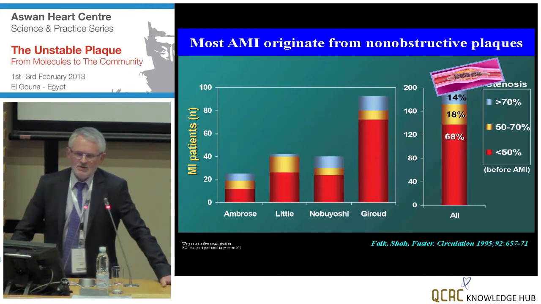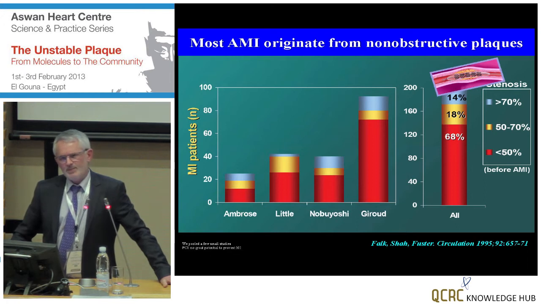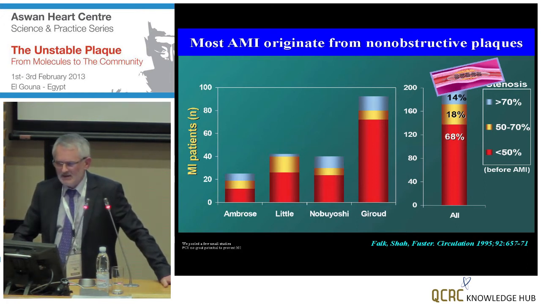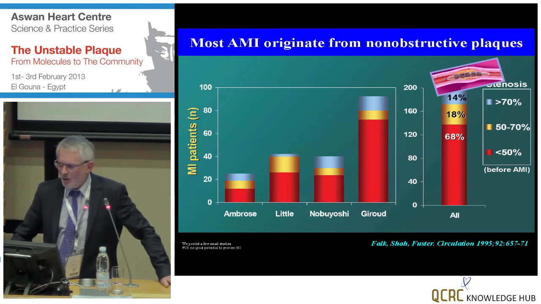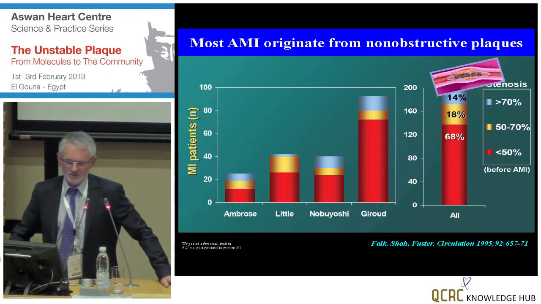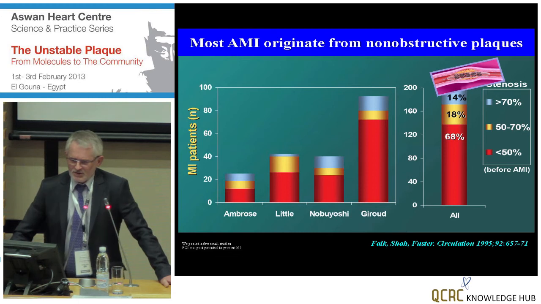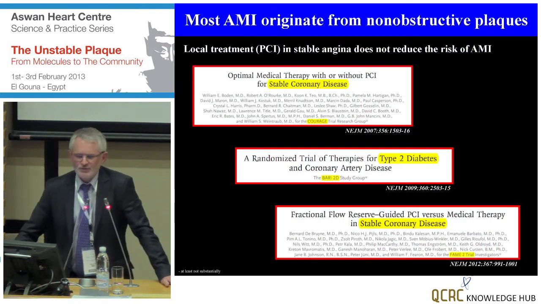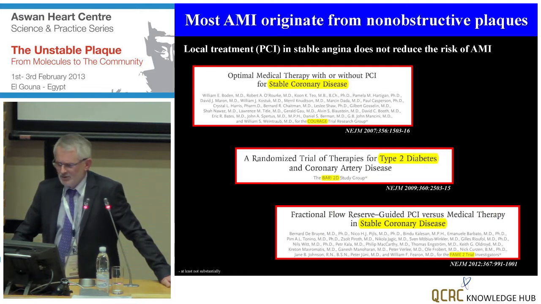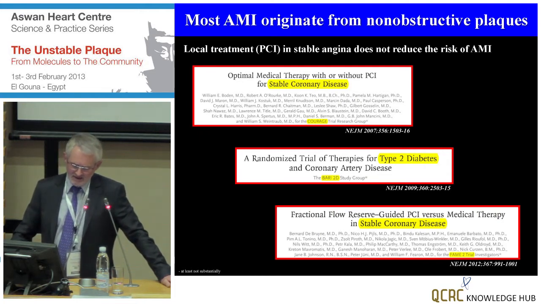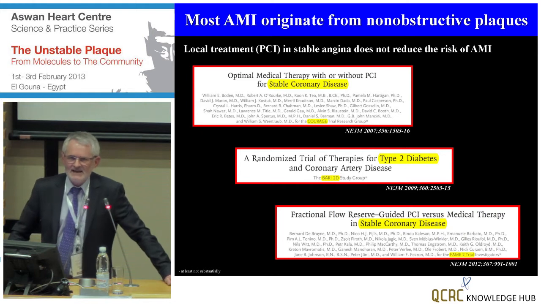And then it is also obvious that you cannot prevent many myocardial infarctions only by treating the most severe stenotic lesion, because only a minority of myocardial infarctions originate from these severely obstructive plaques. So, in fact, local treatment, PCI, in stable angina, does not reduce the risk of acute myocardial infarction, at least not substantially.